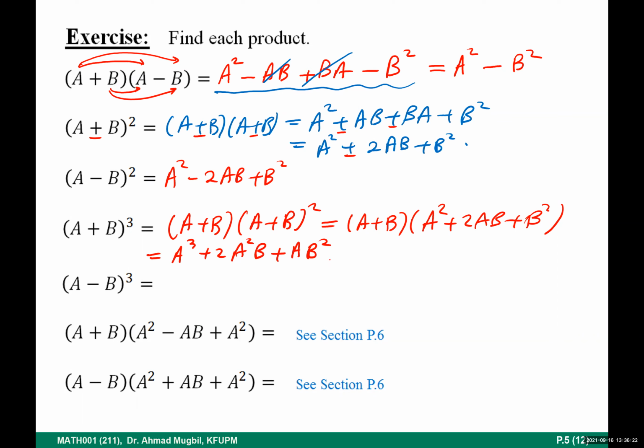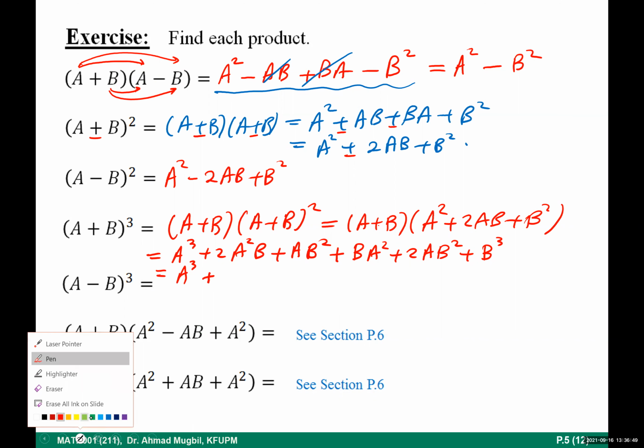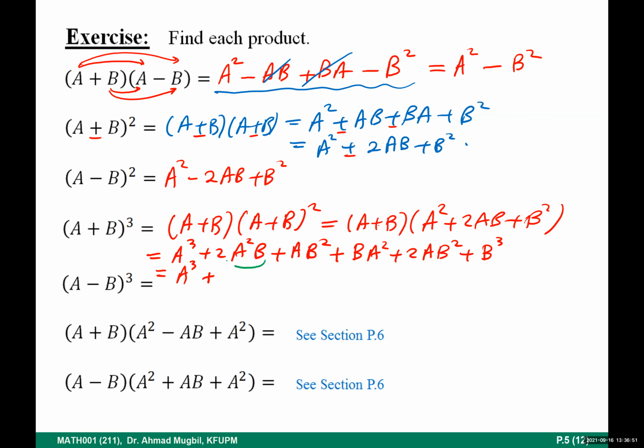Now let's multiply b. So it is positive by positive. It will be plus b a squared plus 2ab squared plus b to the power 3, b cubed. Now if we need to combine the like terms, a cubed, is there any other a cubed? A cubed plus 2a squared b. We have this a squared b.